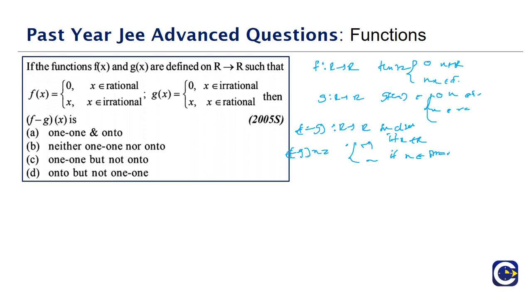If you consider f minus g from R to R, for any value of x there is only one value of f of x minus g of x, whether x is rational or irrational. So it is one-one. And if you consider the condition for onto, f of x minus g of x belongs to R, therefore f minus g is an onto function. So it is clearly one-one and also onto. So option A. Moving on to the next question.